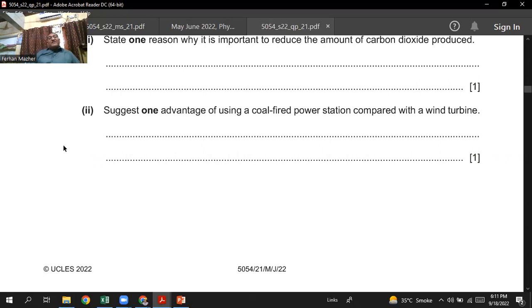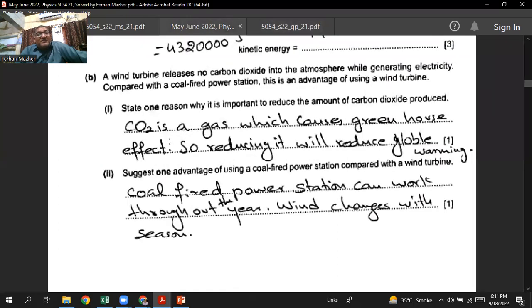But the coal power station can be available to you 24/7. So a coal power station is more reliable, while the wind turbine depends upon wind conditions, which obviously change. My answer: a coal-fired power station can work throughout the year; wind changes with season.